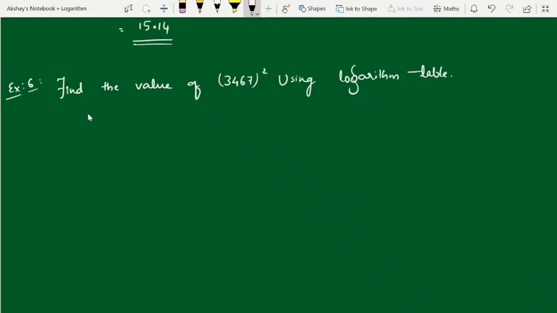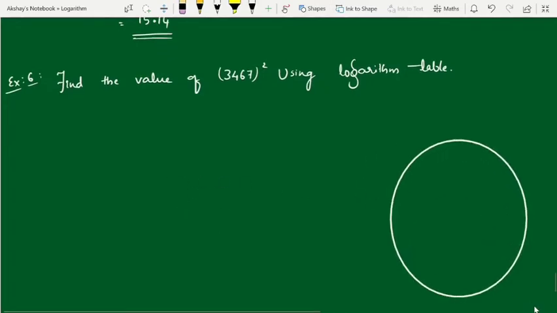So this is all about the logarithm part as well as the anti-logarithm part and the types of logarithm. What do we mean by common logarithm? What do we mean by natural logarithm? One small thing about the natural logarithm, let me tell you in short. It is very easy actually.